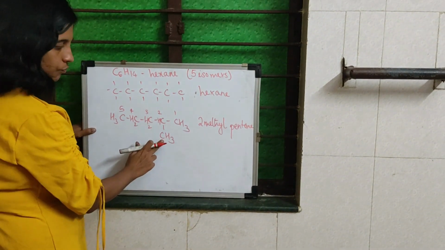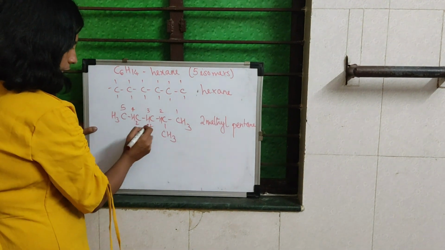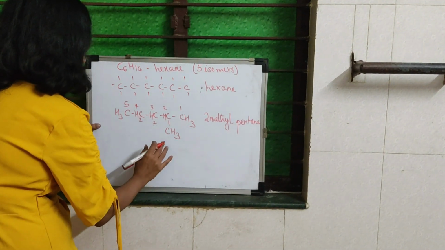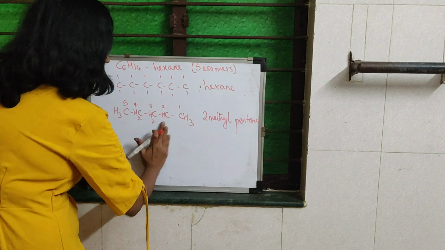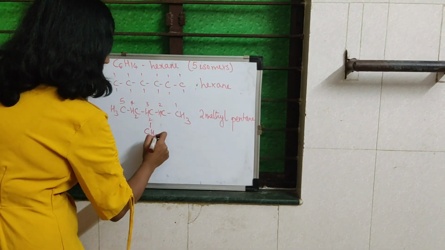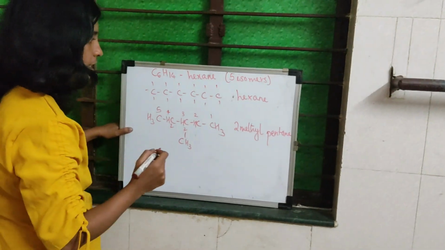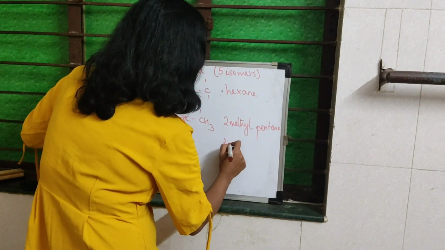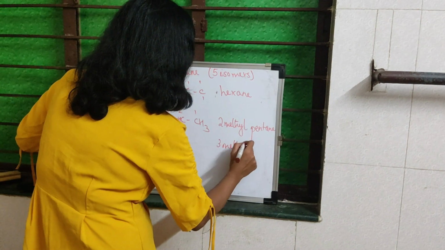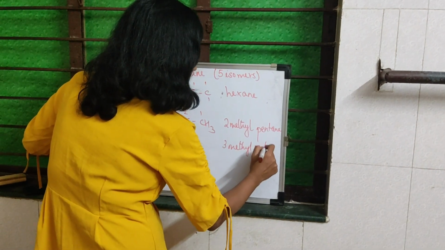Next, I can move this methyl group here as well. So if I move this here, it will make the next compound, that is 3-methyl pentane.